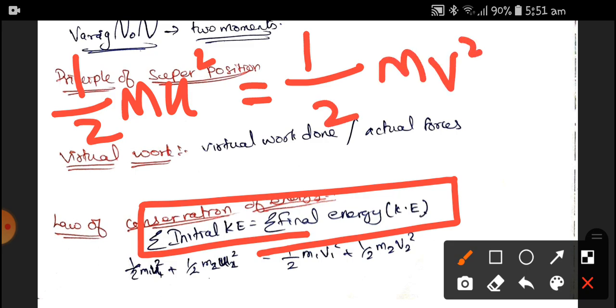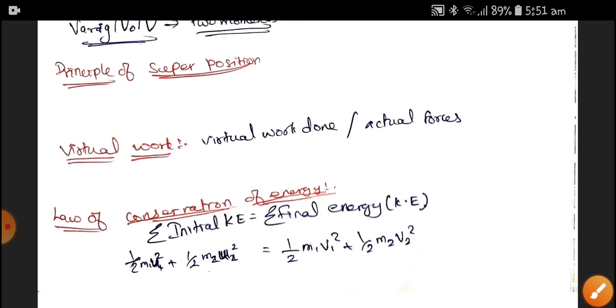So that is the formula of conservation of kinetic energy. Therefore, half m1 v1 square plus half m2 v2 square and so on is equal to half m1 u1 square plus half m2 u2 square and so on.